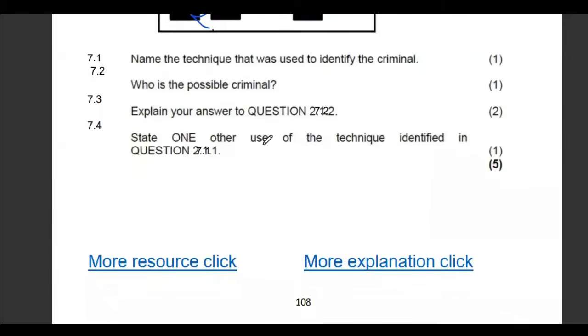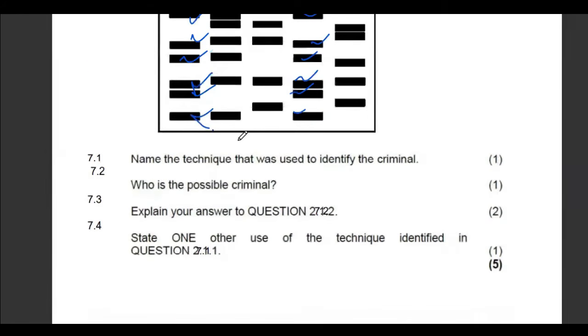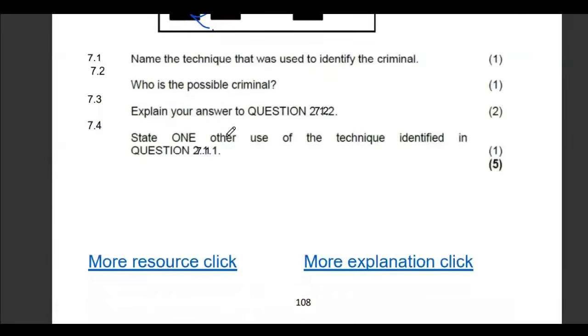So state one other use of the DNA technique identified in the question above, meaning DNA profiling. What is it used for? It can be used to identify relatives. They have already talked about criminalism, so you don't talk about that anymore.